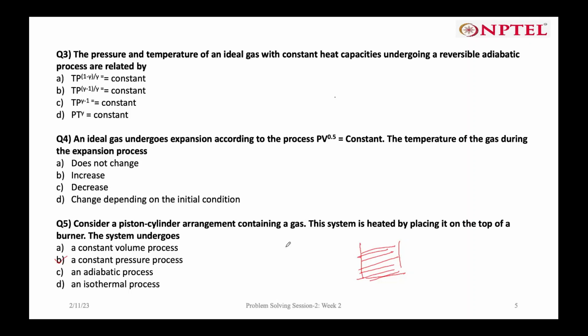When heating a closed system, meaning a closed rigid container, the volume is constant. So here it is a constant pressure process, so that the pressure remains constant. Yes. Right.